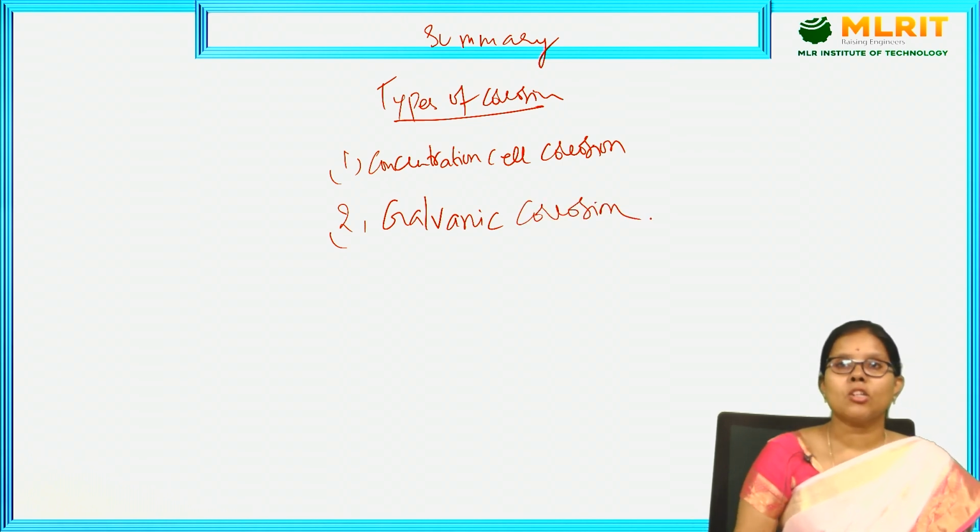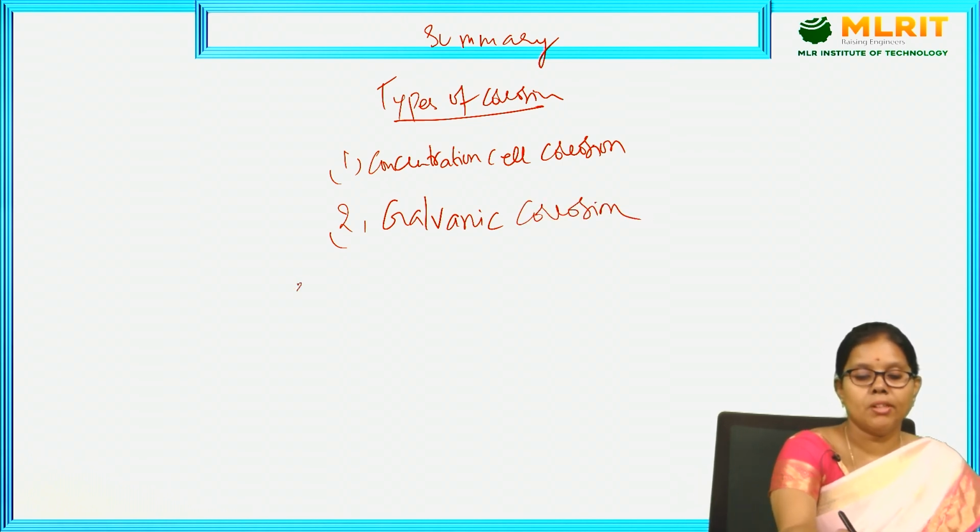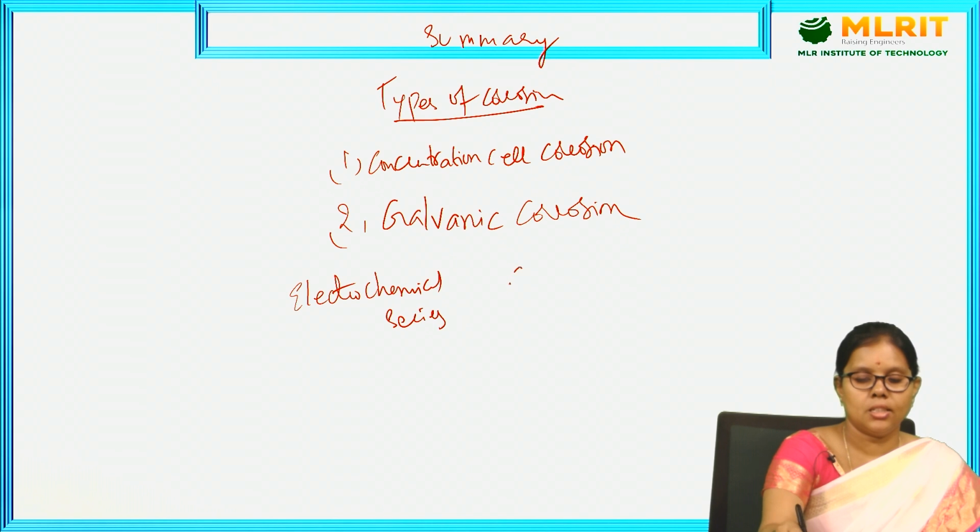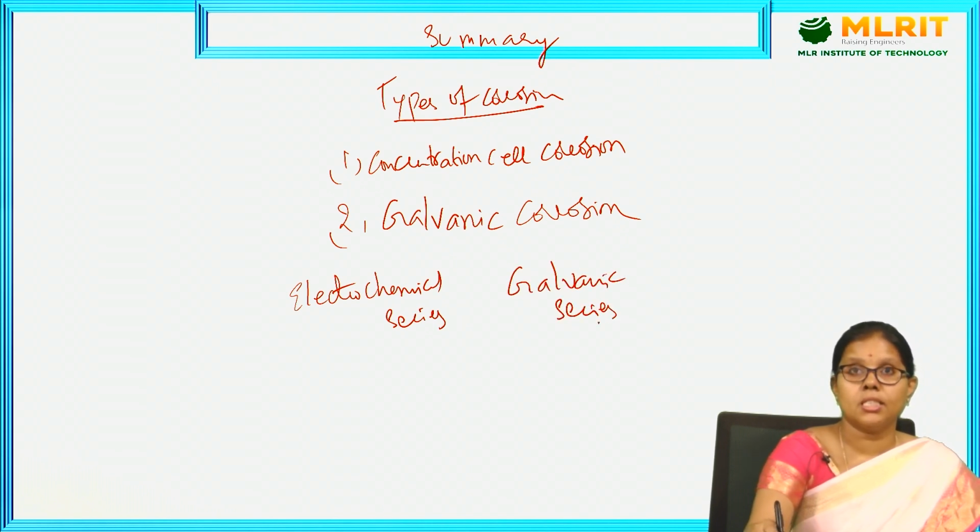We have come across the differences between the electrochemical series and the galvanic series. The electrochemical series is completely meant for pure metals.